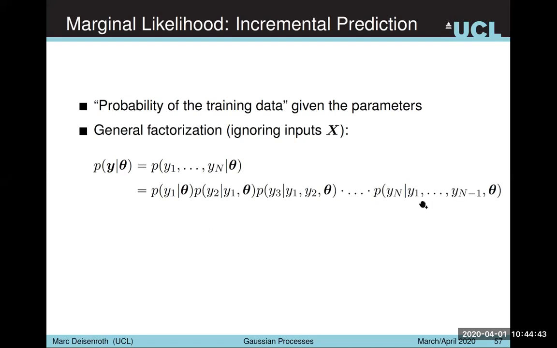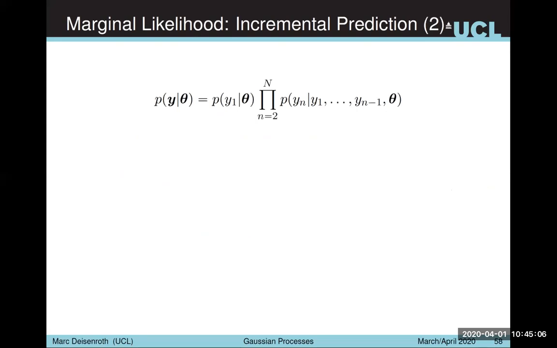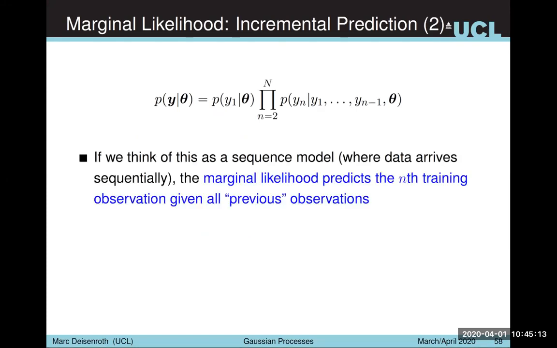Same thing that we just did, and we can write this in a slightly more compact form, where we start with P of y1 given theta, and then we have a product of P of yn given all previous observations, also conditioned on theta. We're just going to copy this over from the previous slides, exactly the same factorization that we had before.